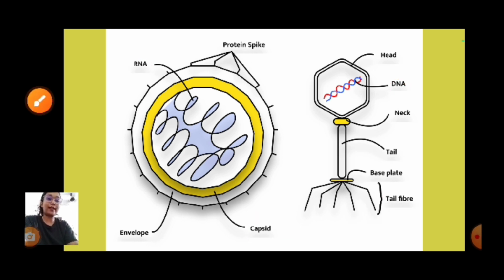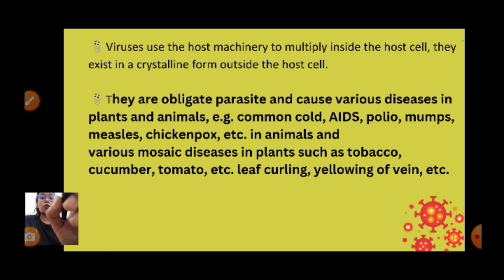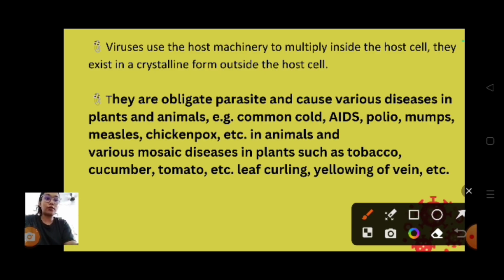So moving on to the next slide. Here we'll see some features of viruses. Viruses use host machinery to multiply inside the host cell. They exist in a crystalline form outside the host cell. This means that whenever they are outside the host cell, they are in a crystalline form, somewhat inactive.